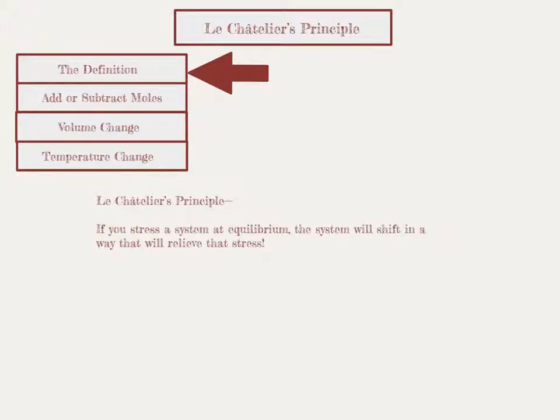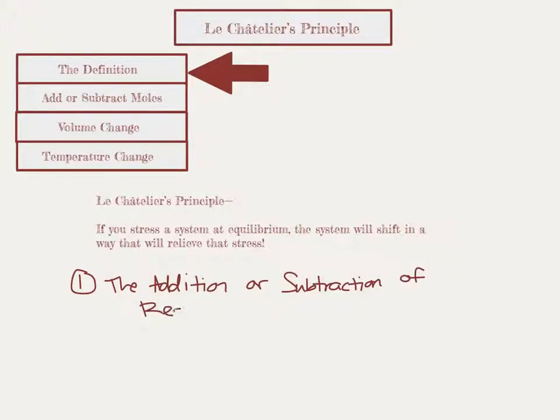Now there are 3 different major kinds of stress that we can add or subtract to a system. The first type of stress is the addition or subtraction of reactants or products.